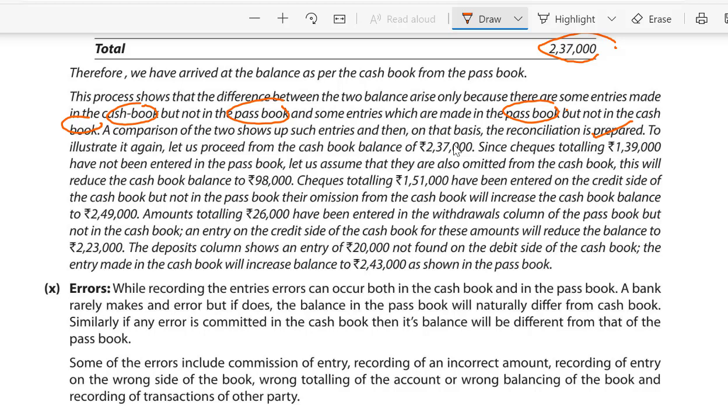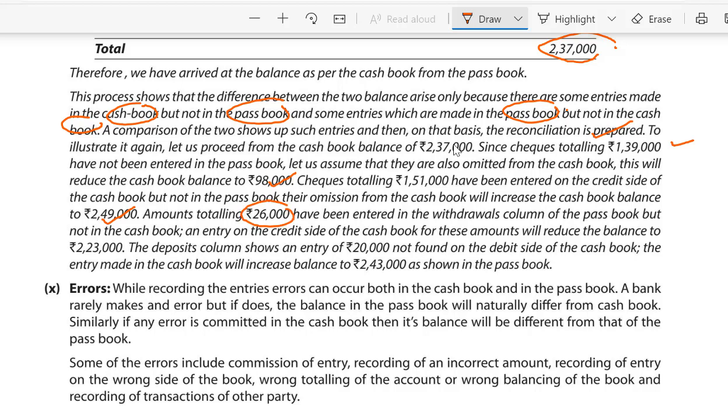To illustrate it again, let us proceed from the cash book balance of 2,37,000. Since checks totaling 1,39,000 have been entered in the passbook, let us assume they are omitted in the cash book. So this will reduce the cash balance by 98,000. Checks totaling 1,51,000 have been entered on the credit side of the cash book but not in the passbook. Their omission from the cash book will increase the balance to 2,49,000.